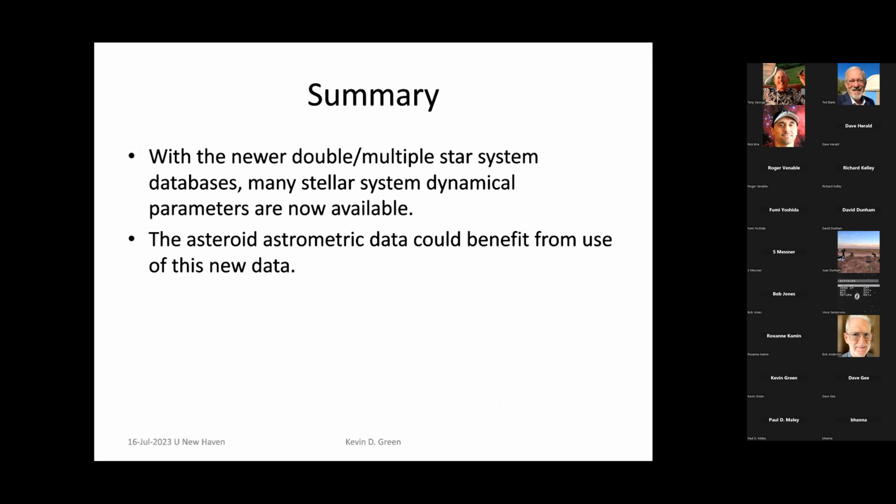It's a little shorter, but anyway, there are new double and multiple star system databases. A lot of these surveys have been publishing this information over the past 5 years, so there are some dynamical parameters available now, I think more so than just the Washington Double Star Catalog.